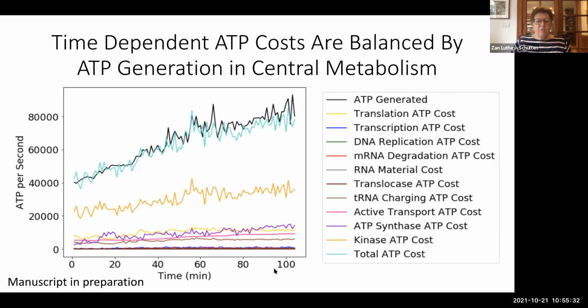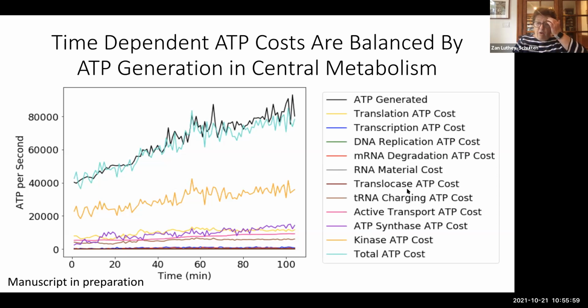And then we started keeping track of the costs for all the various processes. Like we have active transport: bringing in the nucleosides and the deoxynucleosides can require ATP. Bringing in other things, like the amino acids, can also require ATP.